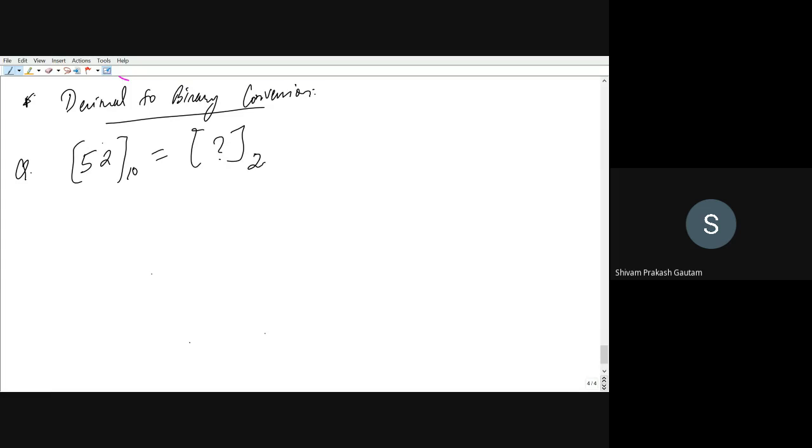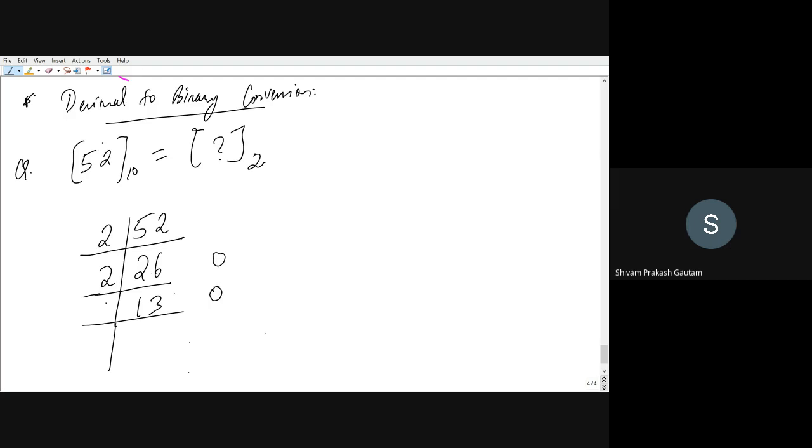So how to proceed? All of you might be aware, but I will just tell you. You have to divide it by a factor of 2. So 52 divided by 2 is 26, and you write the remainder here, which is 0. Again, 26 divided by 2 is 13, since 2 into 13 gives 26, and the remainder is again 0.